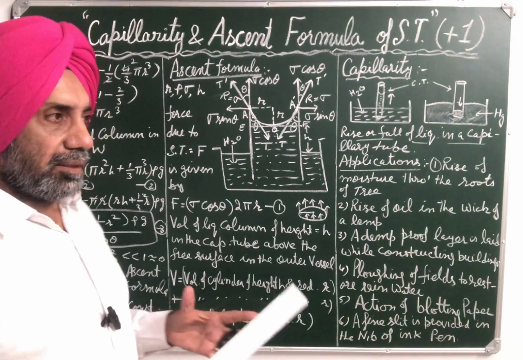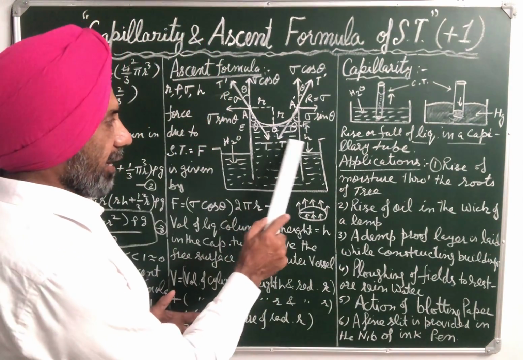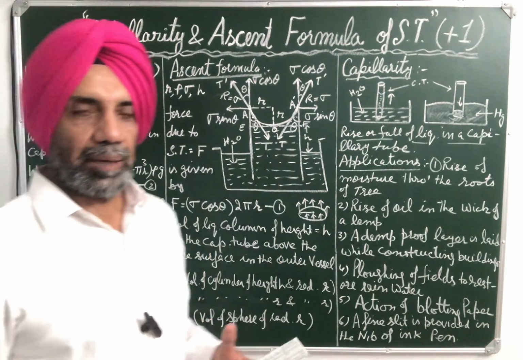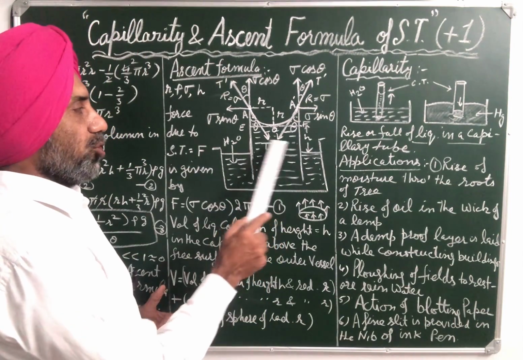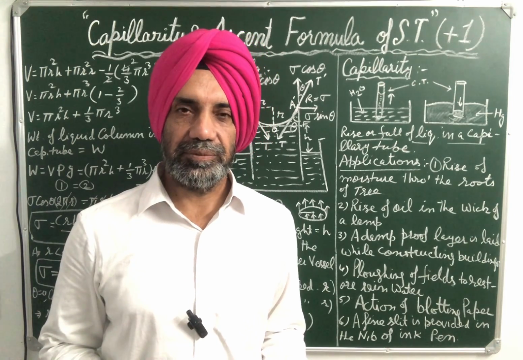It looks like a tube of large radius, but to make diagram clear, I have made it a big diagram. But basically, this tube is of very fine diameter, very fine radius.